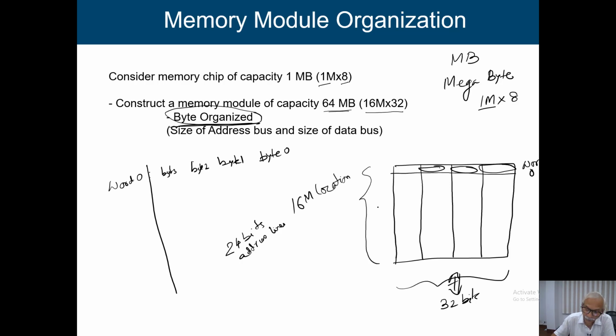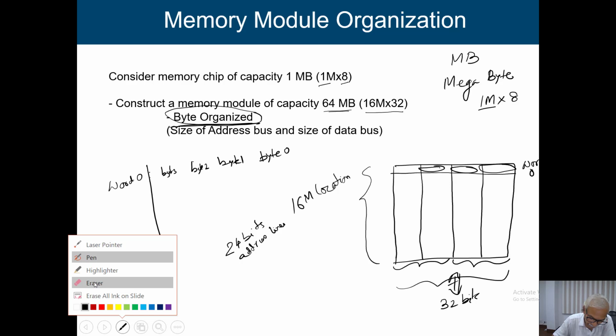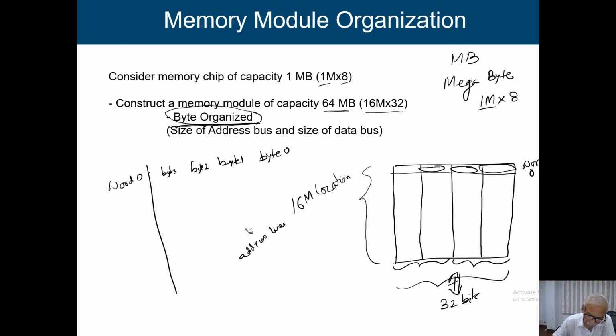In such a scenario, generally we can organize it in such a way that we can access even 16 bits together also. That means we can say this 16 bits or the other 16 bits. Okay. So now I will say what we are basically going to say in this particular case.